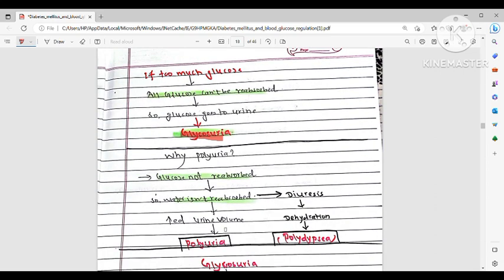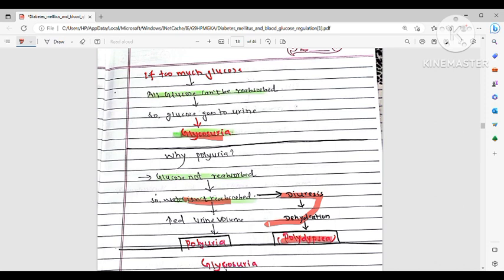Then why will there be polyuria in diabetes? As glucose cannot be reabsorbed, water is also not reabsorbed, which leads to diuresis, causing dehydration, so thirst is increased, that is polydipsia.